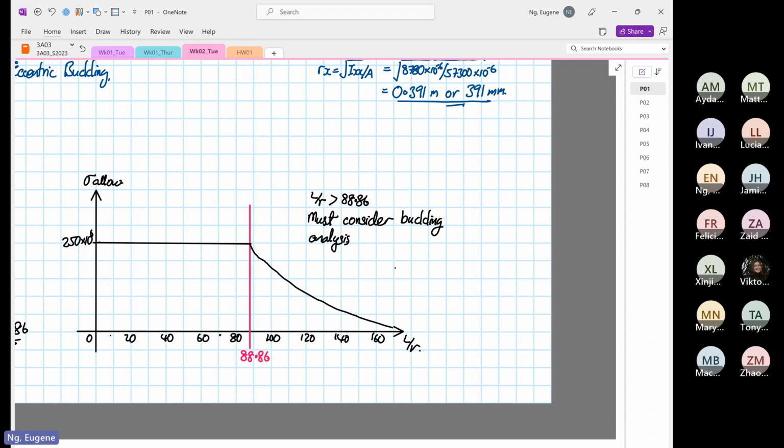And when the L over R ratio is greater than 88.86, for example, now it is at 120, the stress allowable is less than 250 times 10 to the power 6. How much? We don't know. We know it's less.